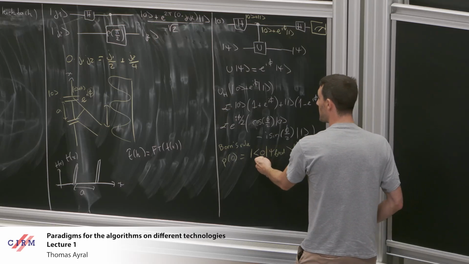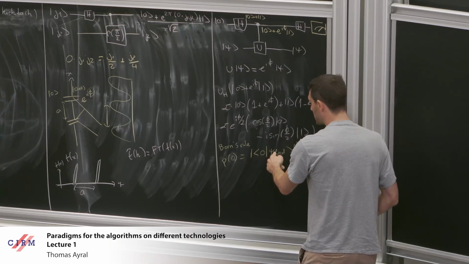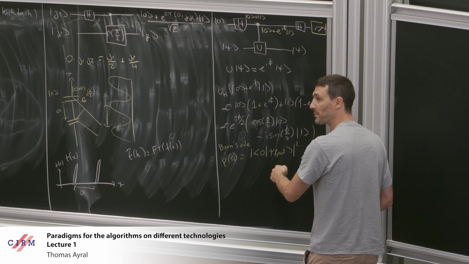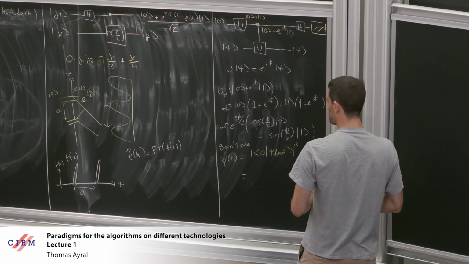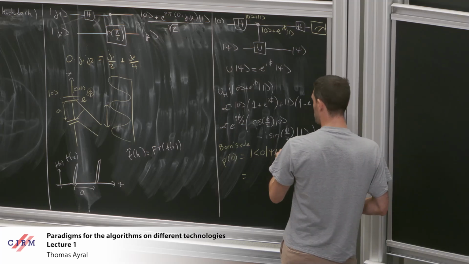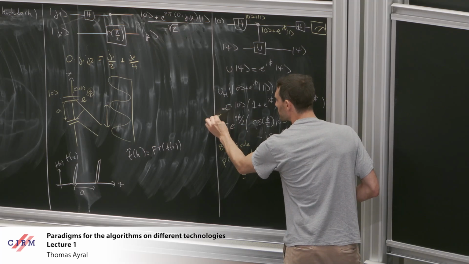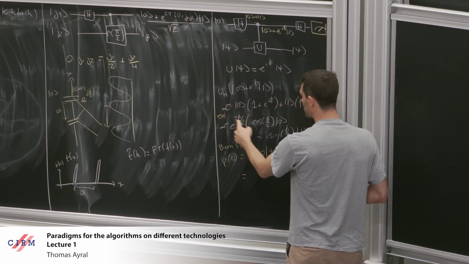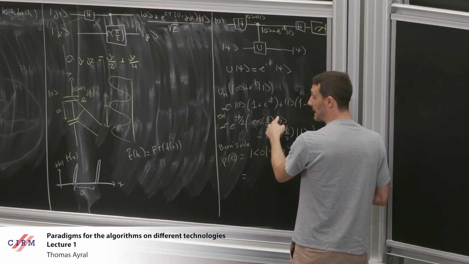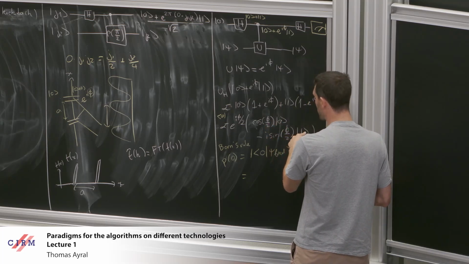So you see it's a row vector applied to a column vector, so it is a number, so it makes sense. And you can check that if you do that. So now I'm going to multiply on the left by <0|. You see, bra 0 times ket 0 is 1, and bra 0 times ket 1 is 0.